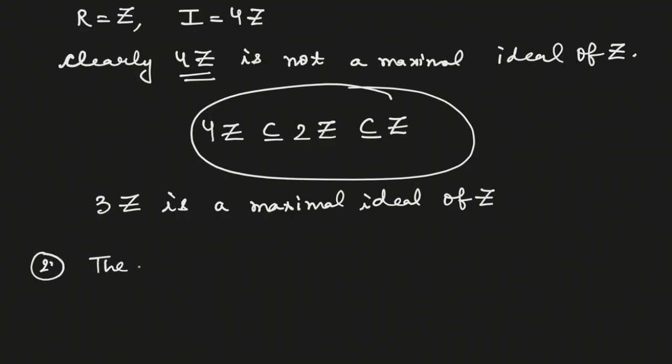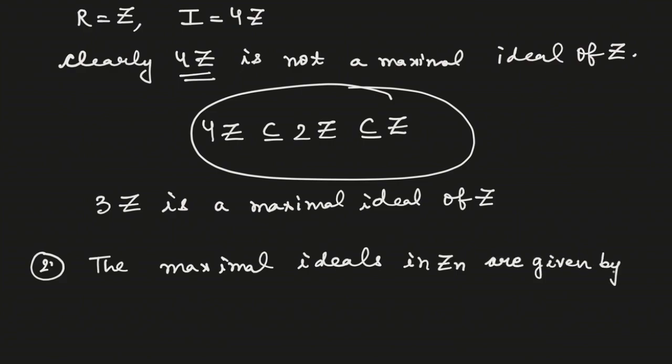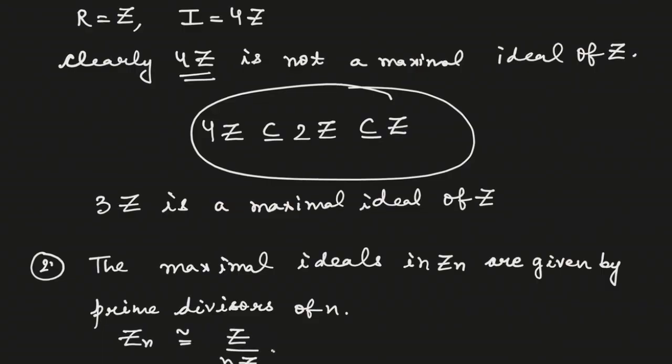Second, the maximal ideals in Zn are given by prime divisors of N. Zn is isomorphic to Z by NZ.